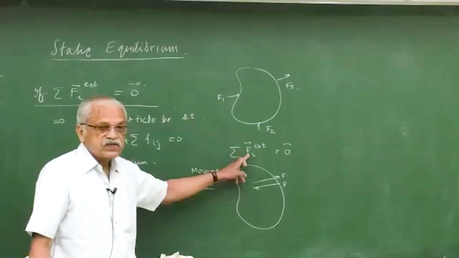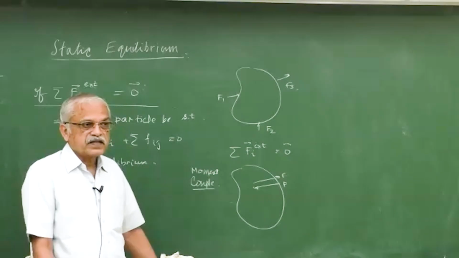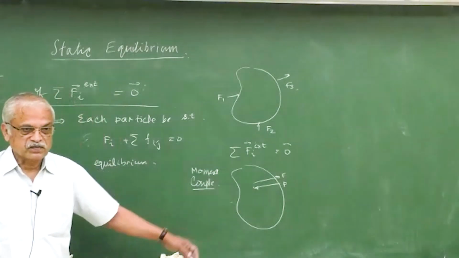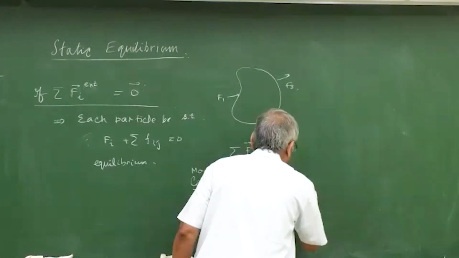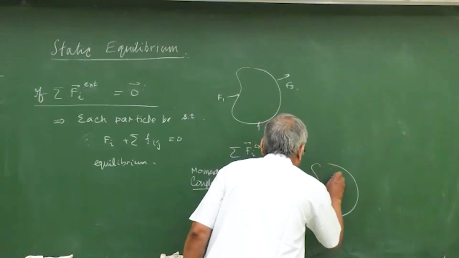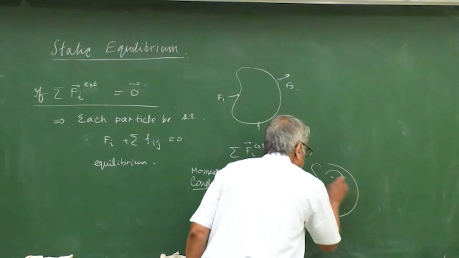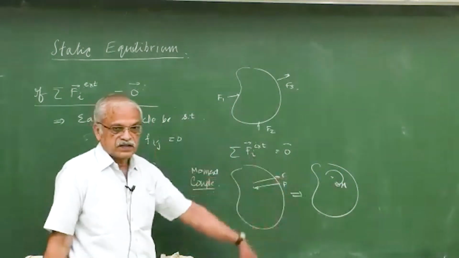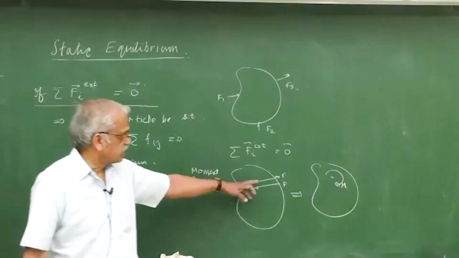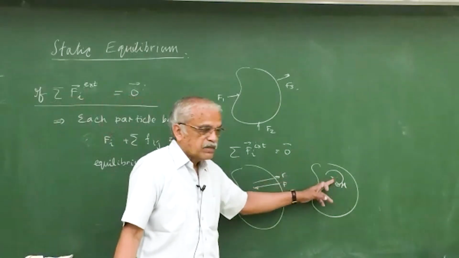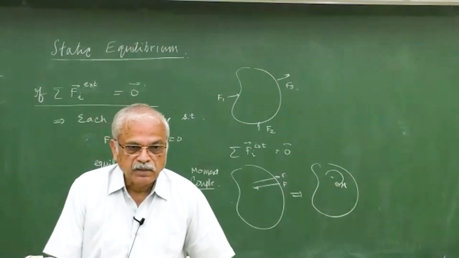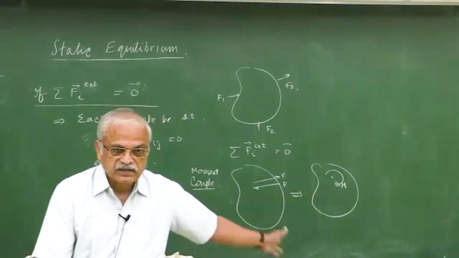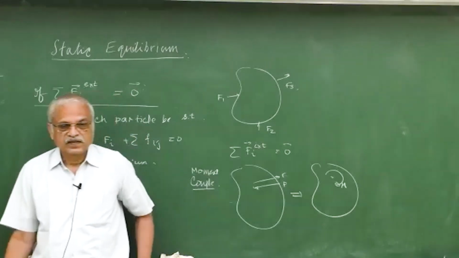This is satisfied, but is it in a state of rest? This is equivalent to a moment. There is no net Fi here, but the two equal forces boil down to a simple couple. Moment is there. Yes, exactly.